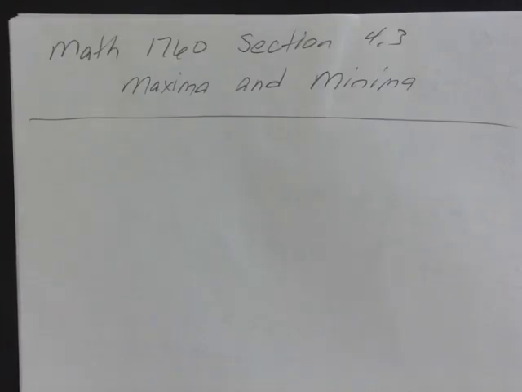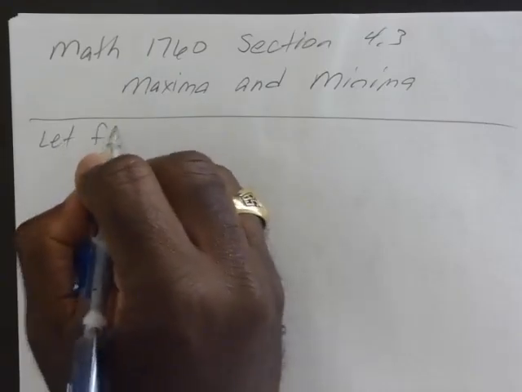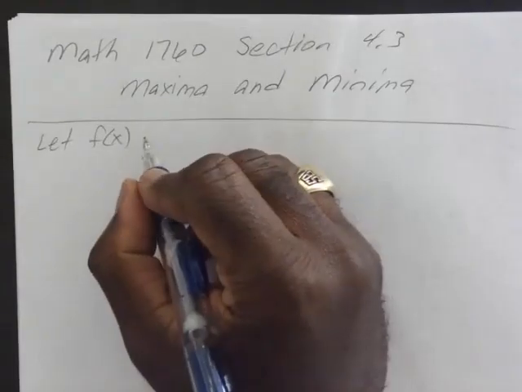All right, so today we are going to start section 4.3, which covers the maxima and minima of a graph. Let f of x represent a defined function over a specific interval.